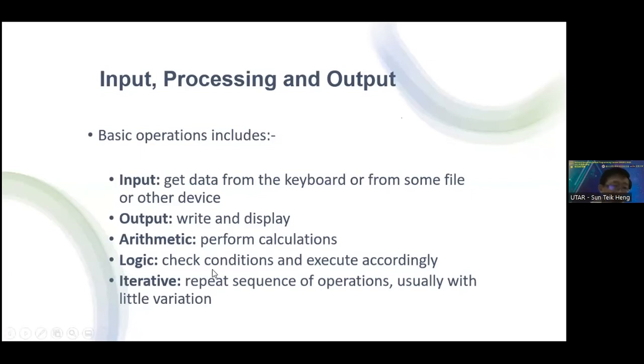This is a logic. You check for the condition, like the example that I mentioned to you regarding the traffic light. The condition that you're checking is the color of the traffic light. Is it red or is it green? Iteration means repeat. So you continue to do the same thing again and again. So there's a repeated sequence of operations.